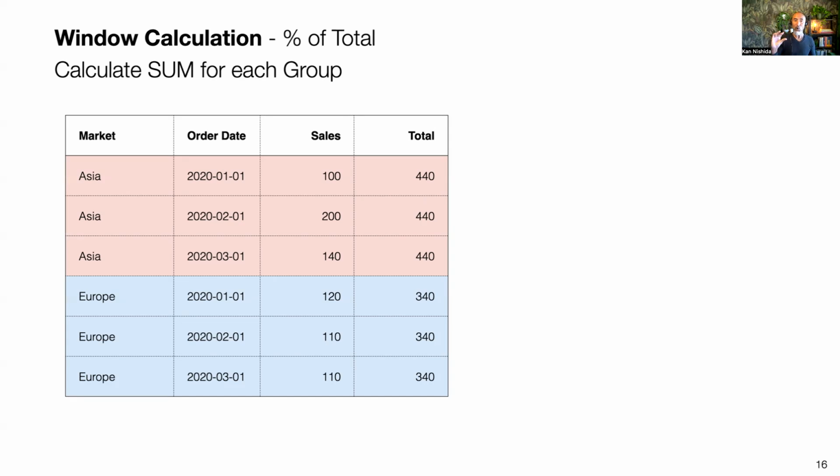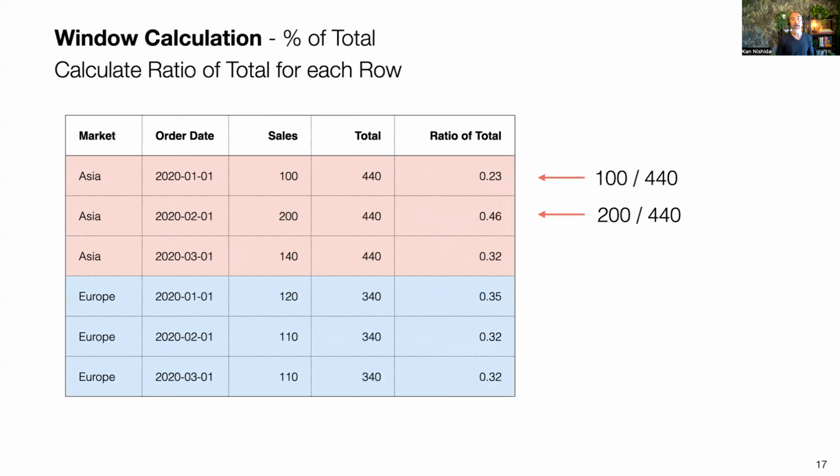This is a total of each group. And once we can calculate that, then all we need to do is use a division. So 100 divided by 440 ends up becoming 0.23 or 23%. And then we do that in each row.